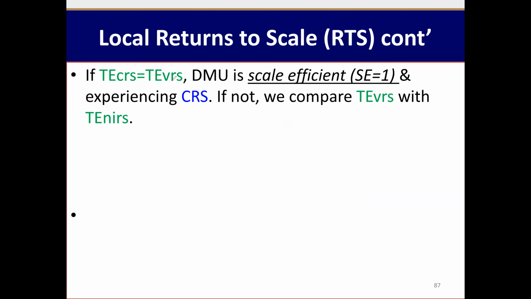But if it is not constant returns to scale, then it might be variable returns to scale. But you see, what you want to know is whether that firm is operating at the local level. And the local level is constant returns, increasing returns, or decreasing returns. It's either one of them.